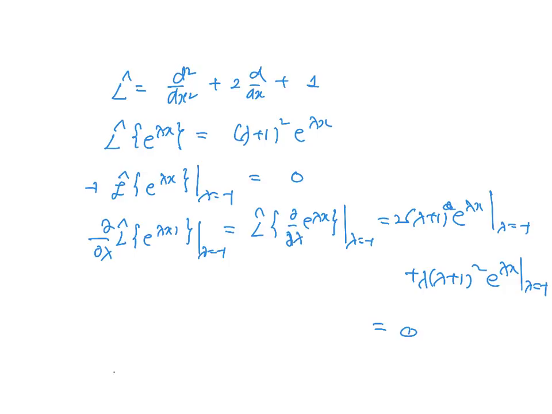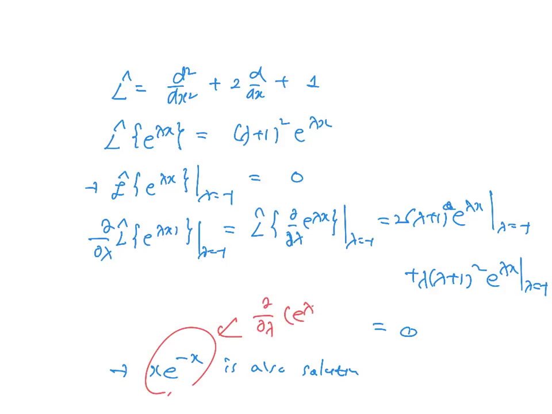So that means x exponential minus x is also a solution. This can be obtained by differentiating exponential lambda x by lambda, with lambda equal to minus 1, which is actually x exponential minus x, right?